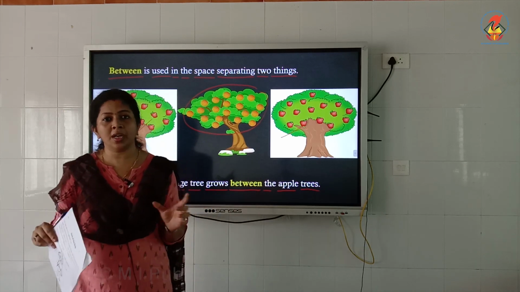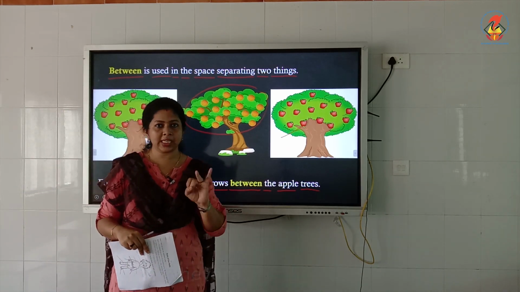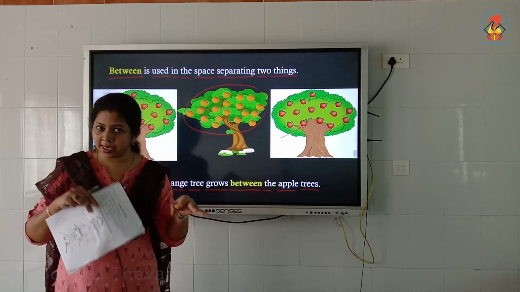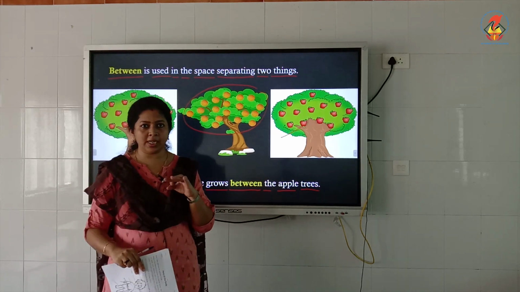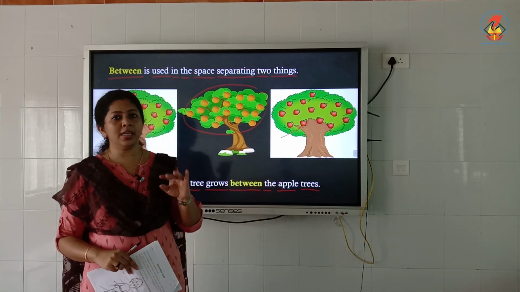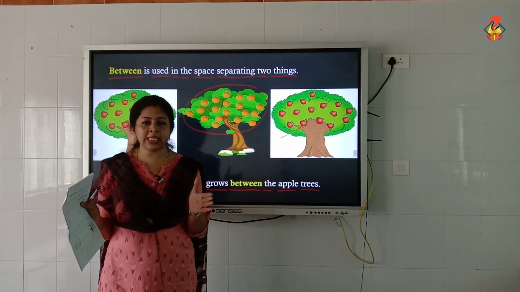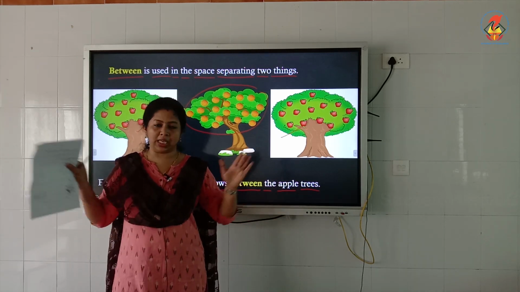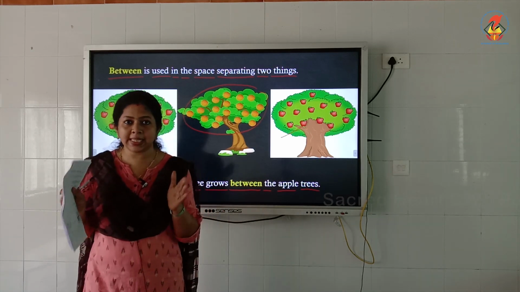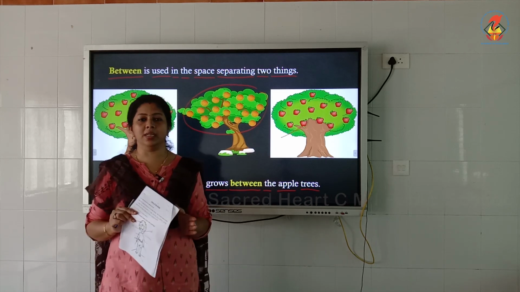Okay, it is a particular point, so we use in. So on and in are clear. Third is under. You know about under, it comes down, lower than a point. And the fourth one is between. In the space separating two things we have between.